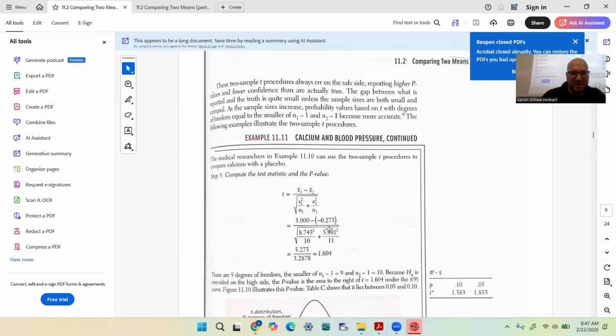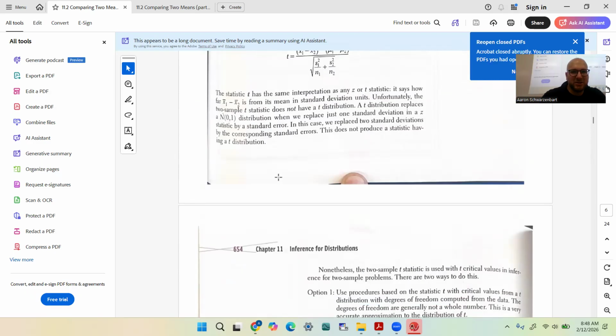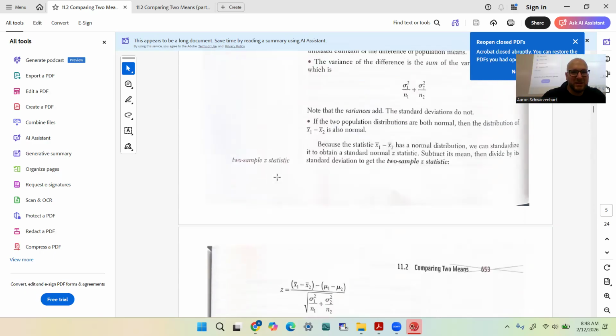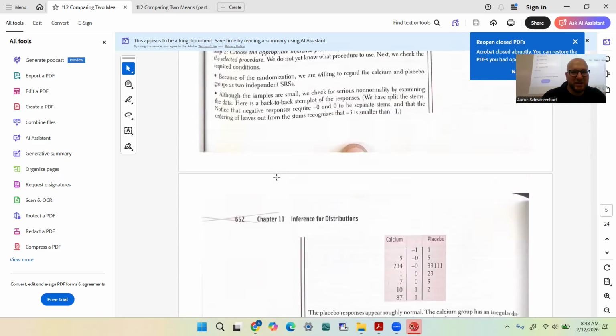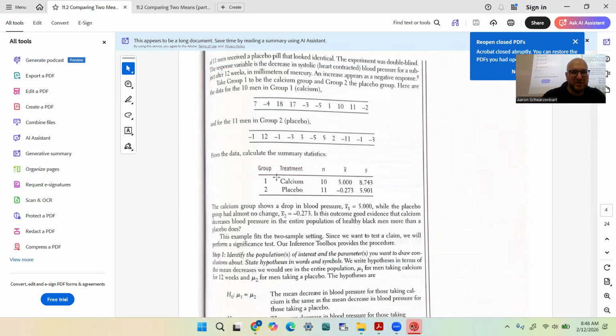So, continuing this, I guess I'm just going to input the data. We're going to do this with data input instead of just reading the problem to get the things.